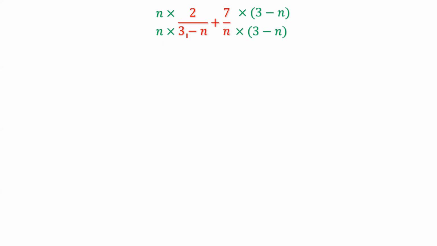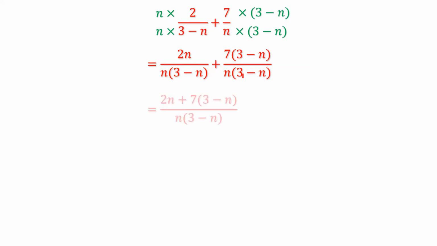So n times 3 minus n is going to be n times 3 minus n, and n times 3 minus n is going to be n times 3 minus n. So they have the same denominator. n times 2 is going to be 2n. And 7 times 3 minus n is going to be 7 times 3 minus n. We can combine them because they have the same denominator and write it as one fraction. Now we do 7 times 3. What is 7 times 3?